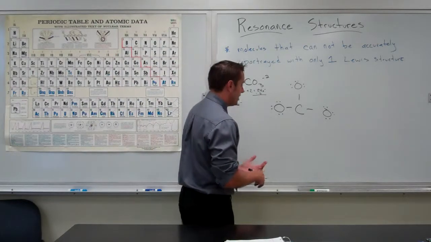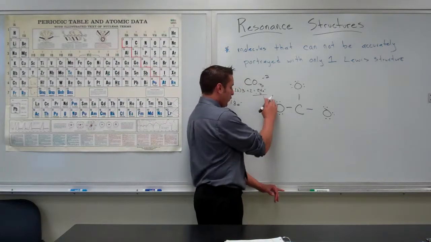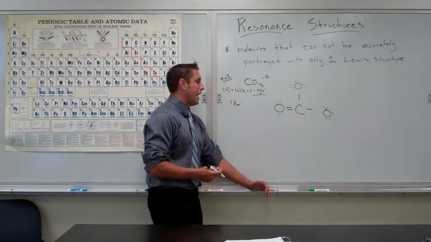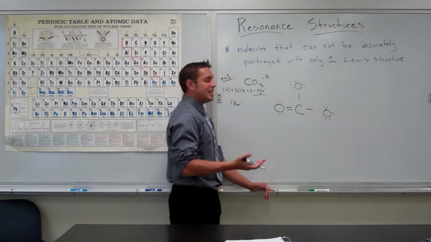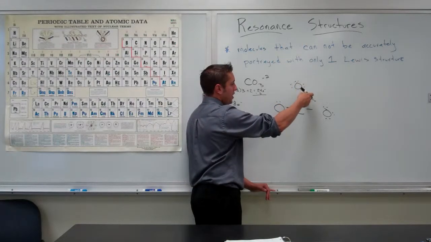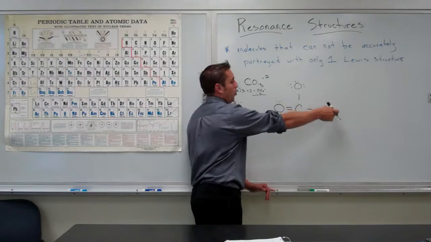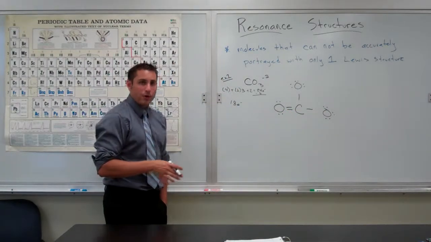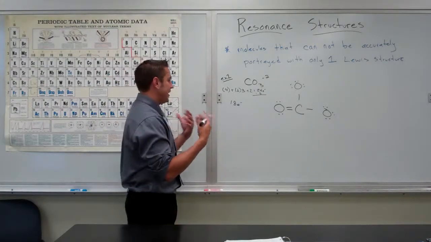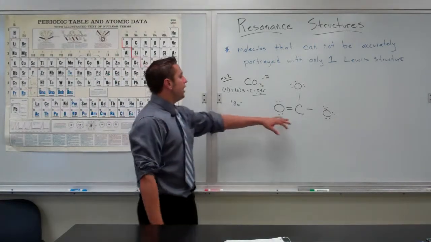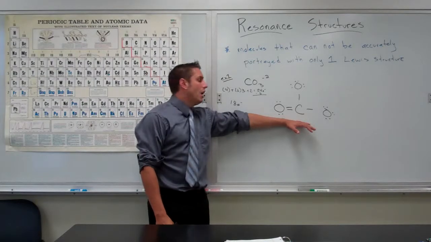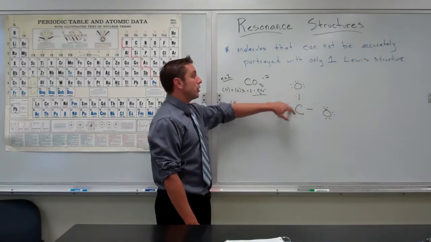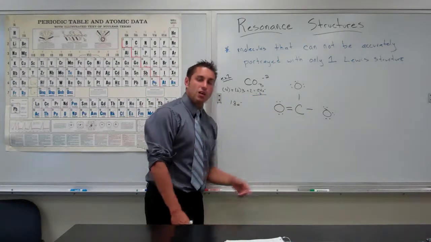But the catch is this. I could take 2 from here and push them in, and that would make carbon happy. I could just as easily have pulled 2 from here and made this one, or 2 from here and made this one. Right? What they have found is that when they see a snapshot picture of carbonate, you don't see a single double bond on the left, and single on the top and single on the right.